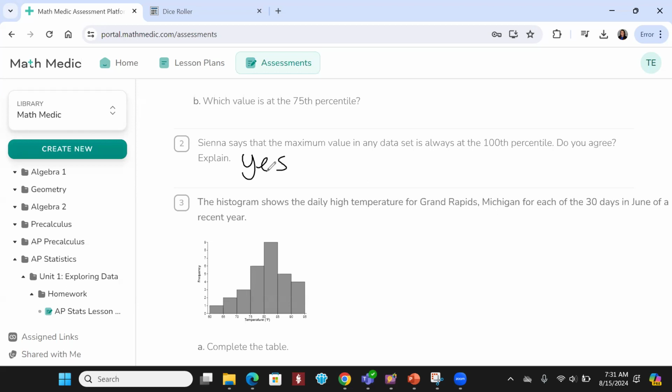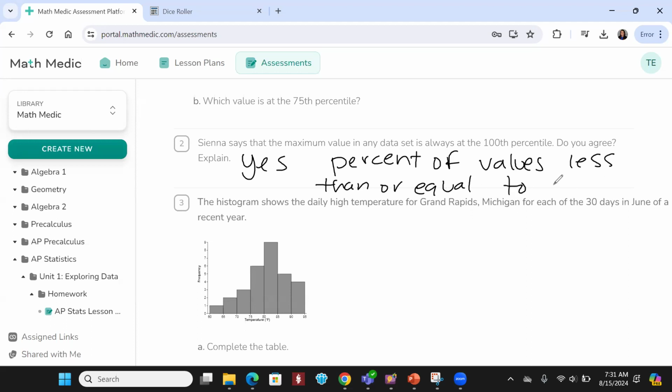So percentile is the percent of values less than or equal to the given value. That's what percentile actually means, right?